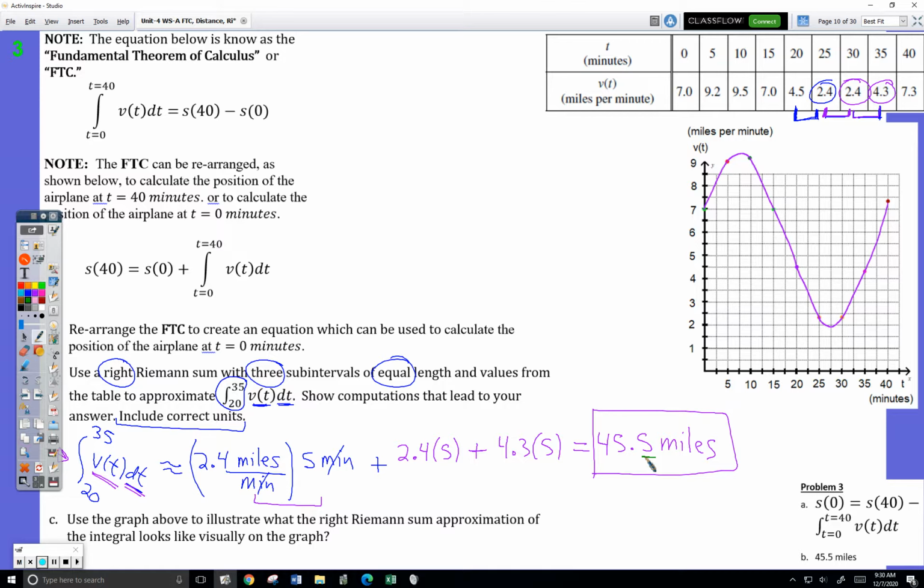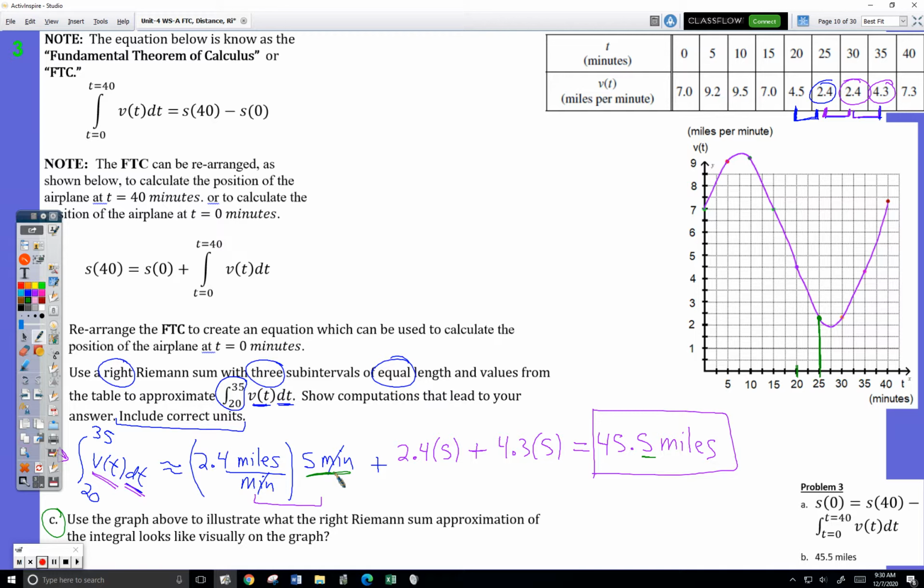Okay, item C is not hard as long as you simply follow what you just did. We took 24.4, so we're over here at this time interval 20 to 25. 24.4 is the value of the velocity on the right side of the time interval. So we're taking that length, we are multiplying by a time period of 5 minutes.